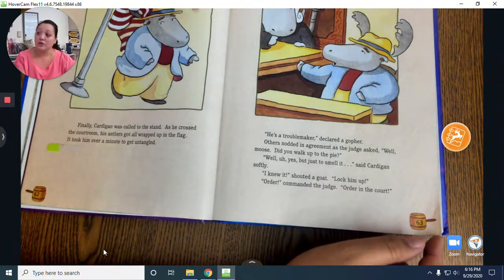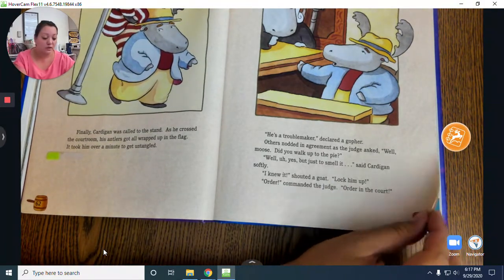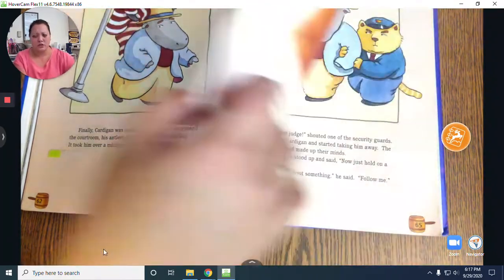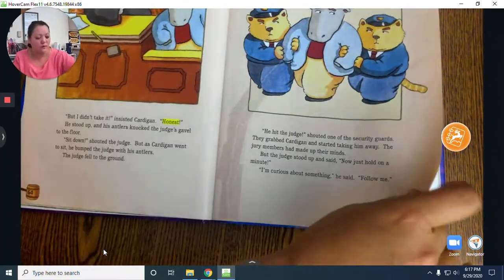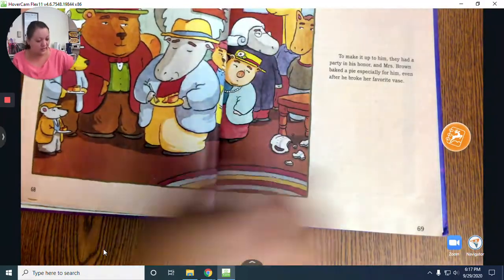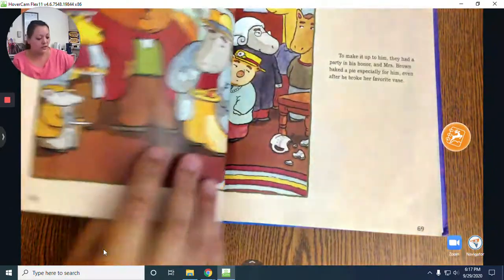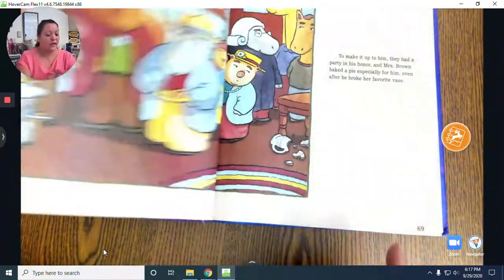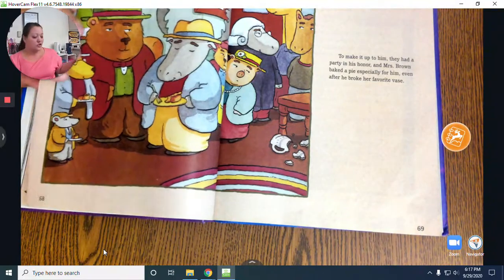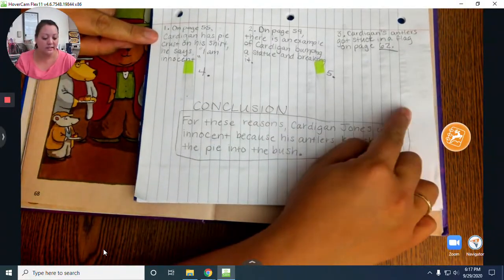Now, during your asynchronous work time today, you're going to examine pages 63, 64, 65, 66, 67, 68, 69. Looks like you're only going to 69. So you only have from 63 to 69 to try to find 2 more story details.